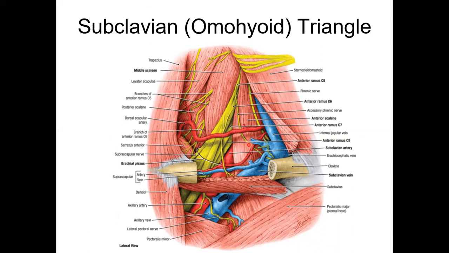I think this is trying to show the phrenic nerve traveling down. And then here is, let's see, I think this is supposed to be suprascapular artery. And then you can see, they have dorsal scap labeled over here, but that's supposed to be further down. Interesting.